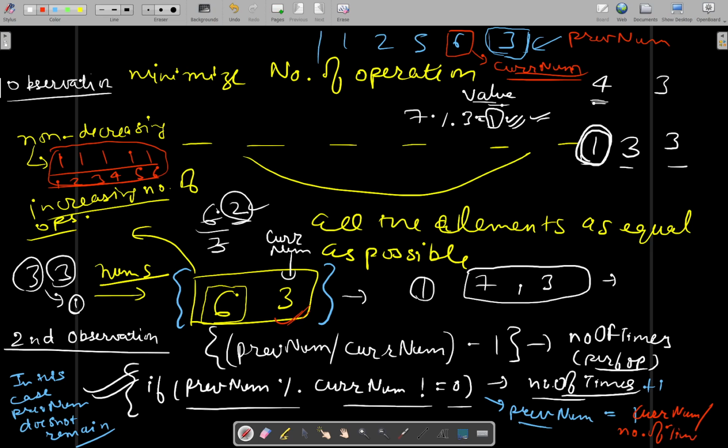It is to be noted that firstly you will increment the number of times the operations need to be carried out. Then you will divide the current number by the number of times. Why are we doing so? Consider this scenario 1, 2, 3, 4, 5.